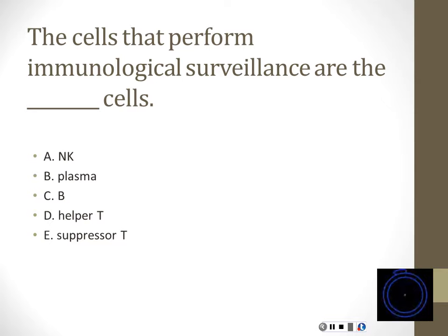All right, good. That is A, the NK cells. Immunological surveillance is the body's immune system watching all of the tissues and cells of the body. So the natural killer cells are always on patrol, looking for cells that are infected by a virus or have become mutated somehow.